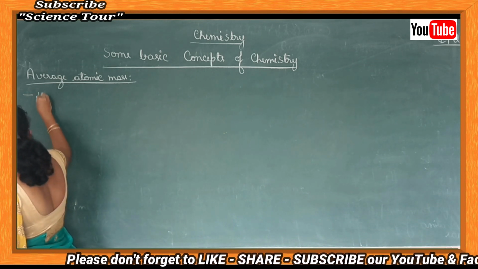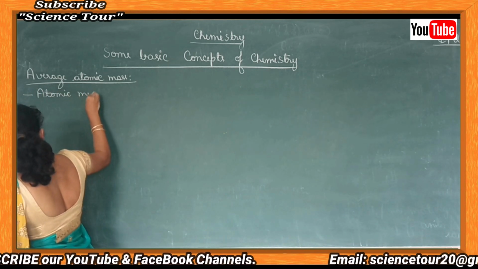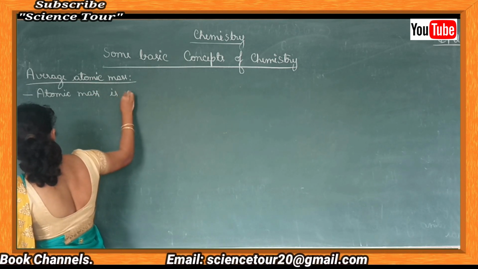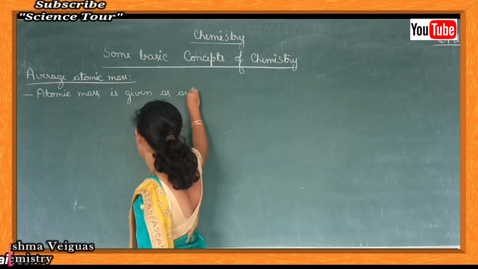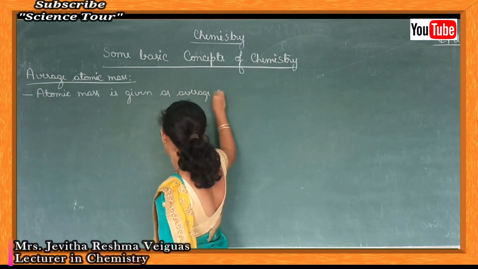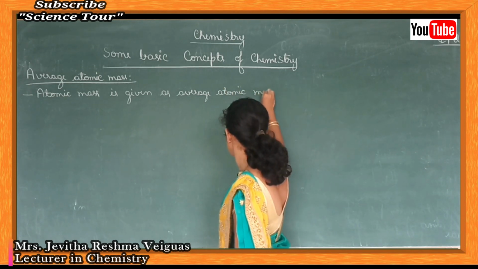So generally atomic mass is given as average atomic mass. Why is it given as average atomic mass?